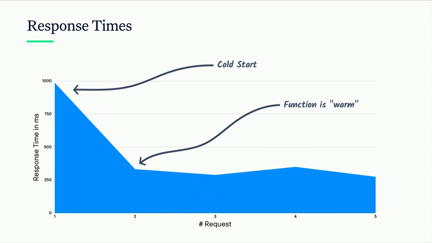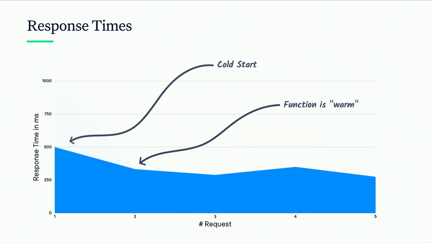and usually those response times are quite a lot faster. And if you can reduce the response times by, for example, reducing the size of your Lambda function, so not putting everything into one function, but separating your functions and your concerns, you might be able to reduce this cold start time.